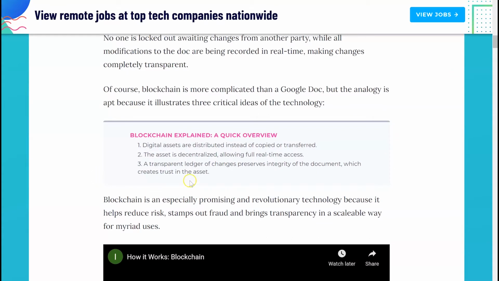So right here it says blockchain explained, a quick overview. Number 1, digital assets are distributed instead of copied or transferred. Number 2, the asset is decentralized, allowing full real-time access. Number 3, a transparent ledger of changes preserves integrity of the document, which creates trust in the asset.